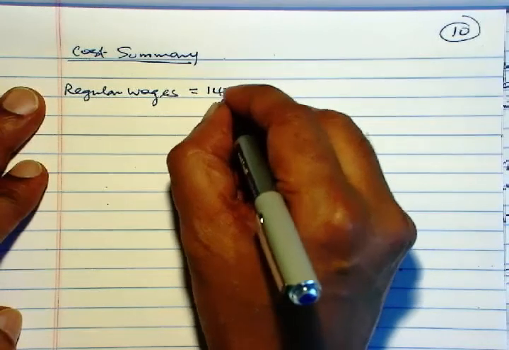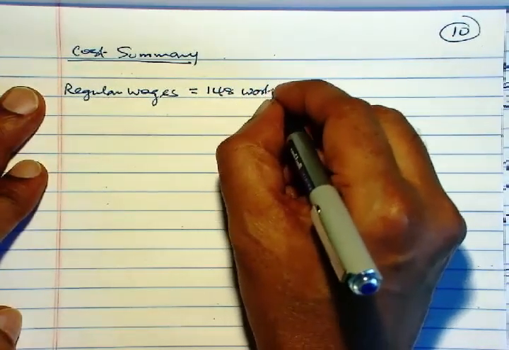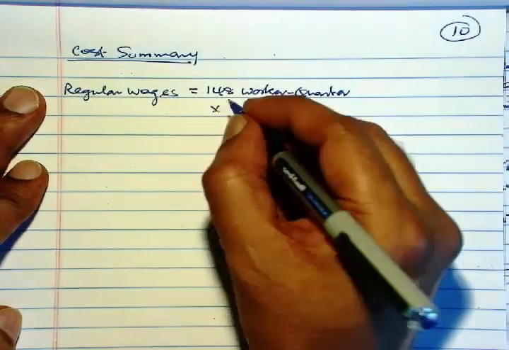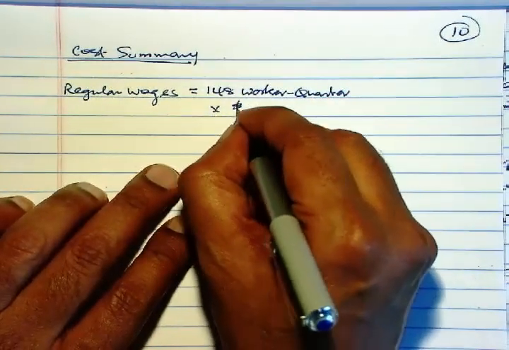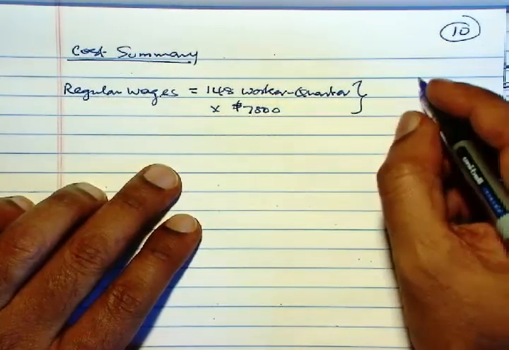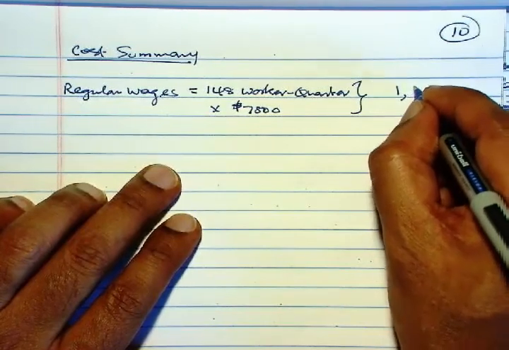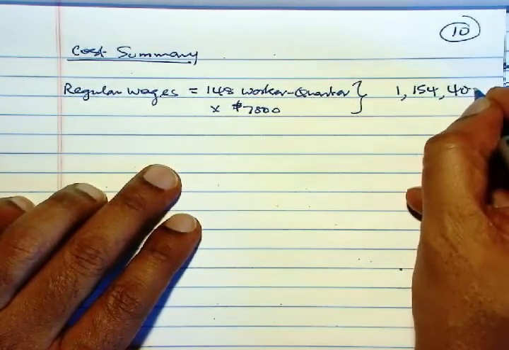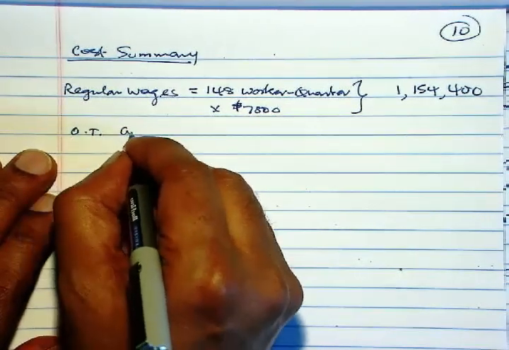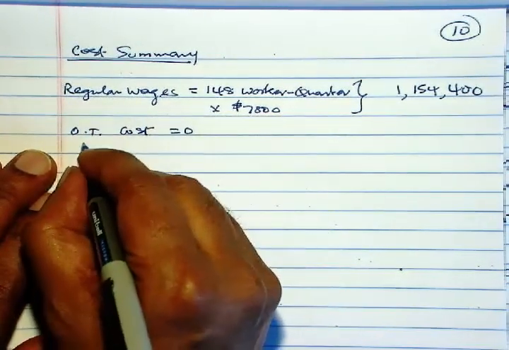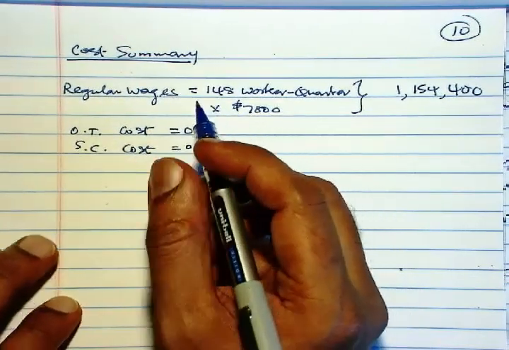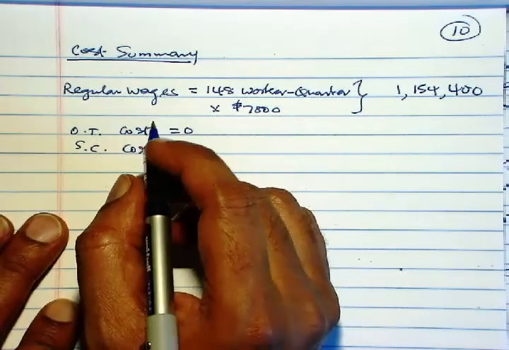That is equal to 148 worker quarters times $7,800 per worker per quarter. So that will give you $1,154,400. Okay, now overtime cost is 0, subcontracting cost is 0, because in strict chase strategy you can't have those.